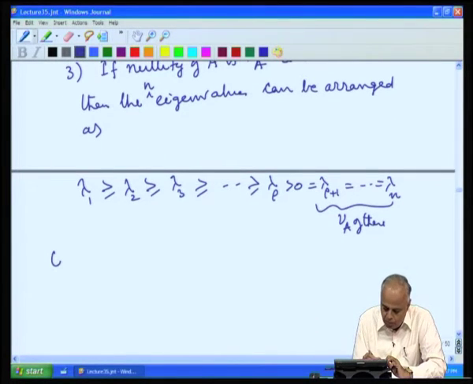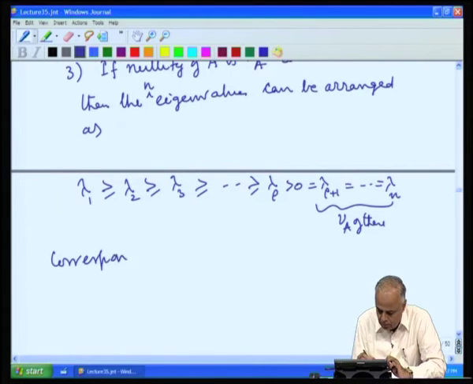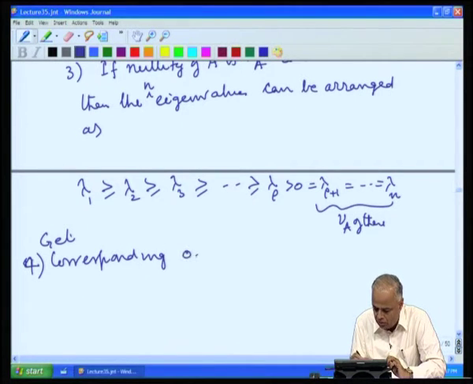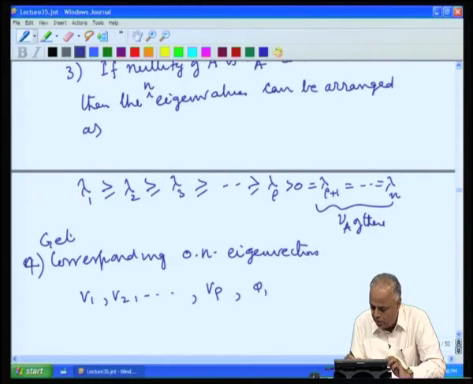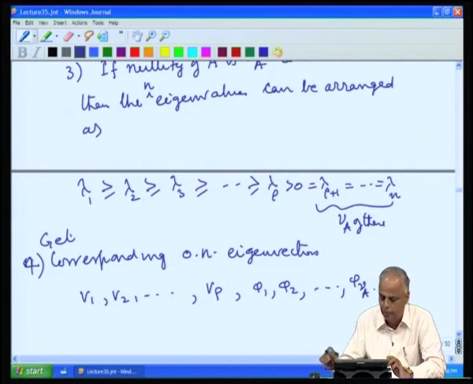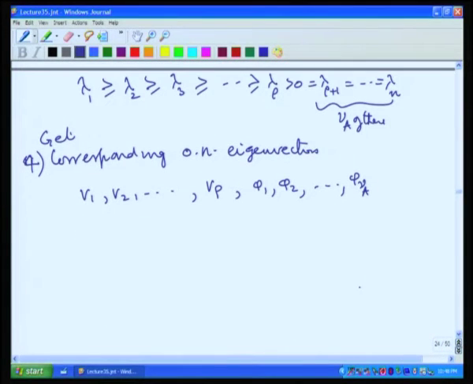And corresponding orthonormal eigenvectors are V 1, V 2, V rho, phi 1, phi 2, phi nu A. Now, these are the basic ingredients that we require to analyze a given matrix.